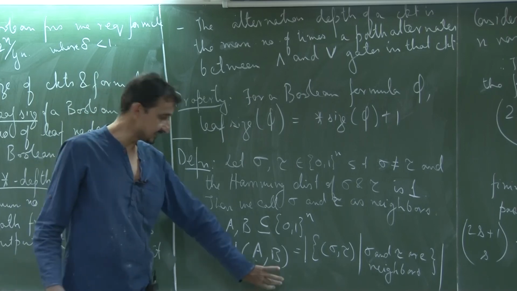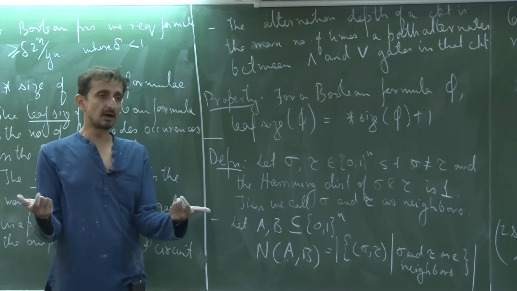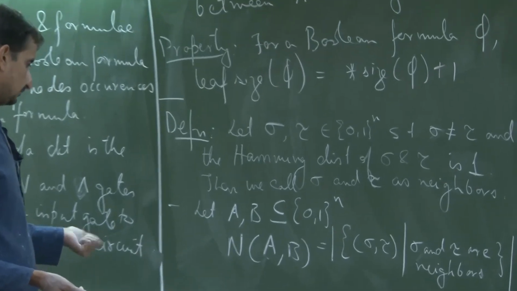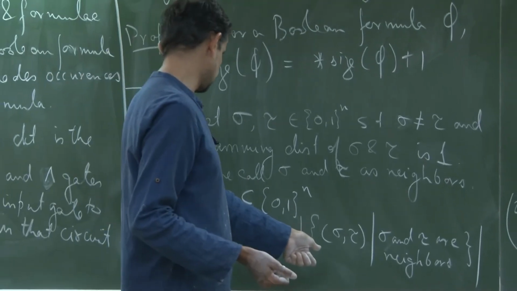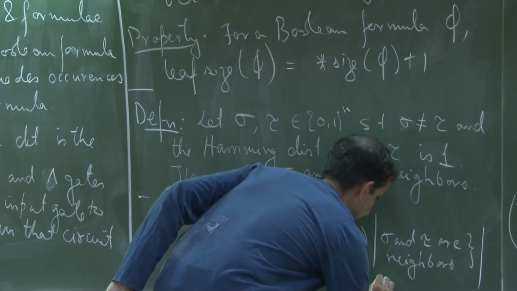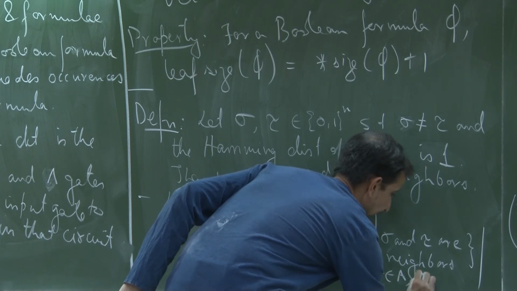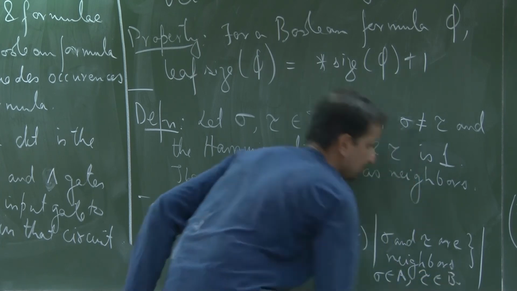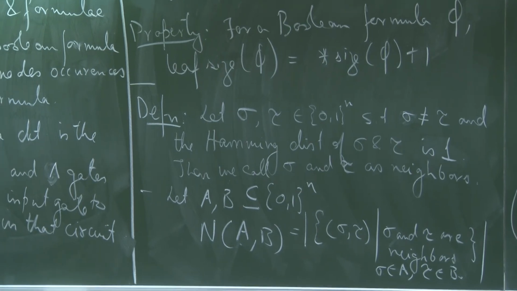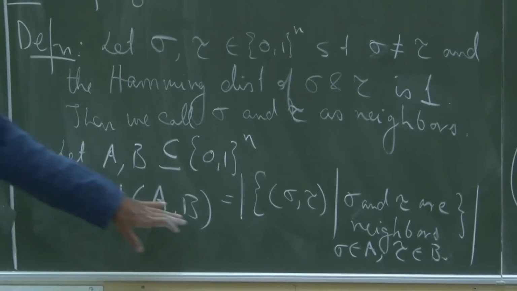So, take two sets A and B, and I am counting the pairs where sigma and tau are neighbors, sigma is in A and tau is in B. Exactly.